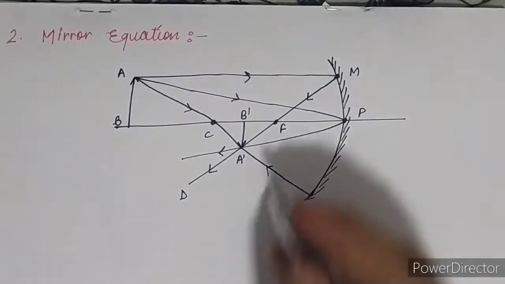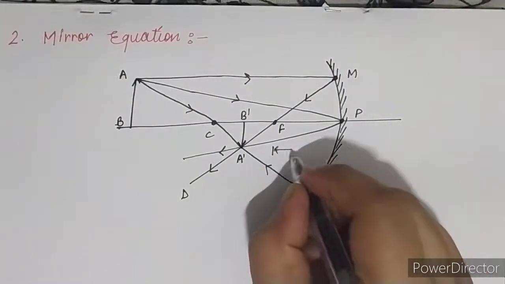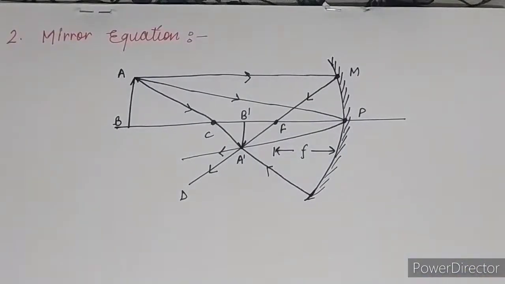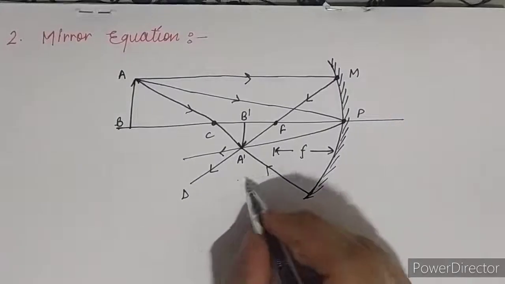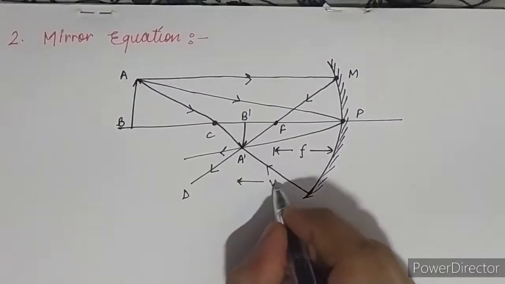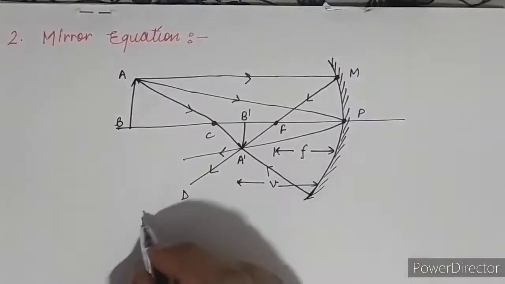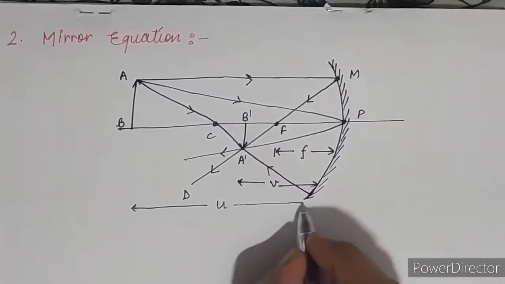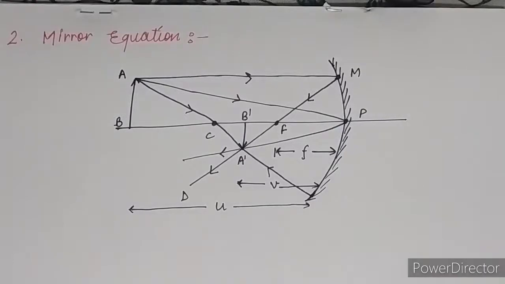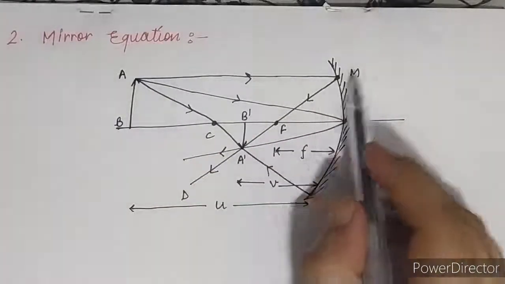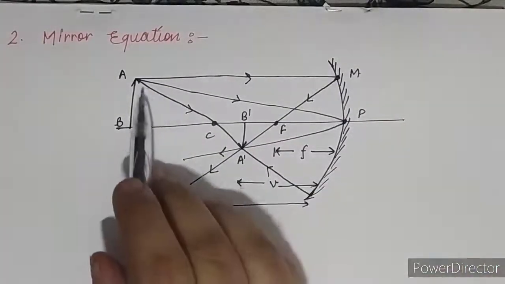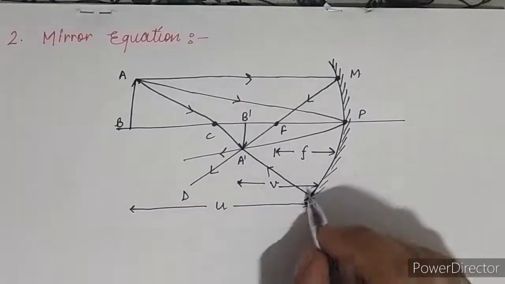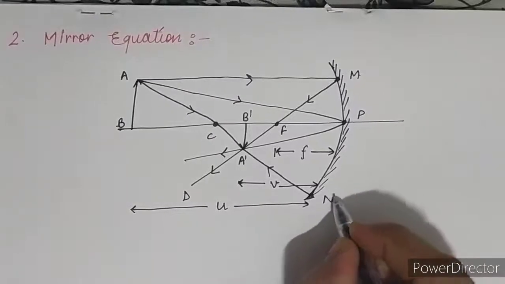From F to P the distance is your focal length small f, the distance of the image is V, and the distance of the object is U. I hope you know all these notations. When the parallel ray is coming, it is incident at point M, at the pole it is incident at point P, and from the center of curvature it is incident at point N.